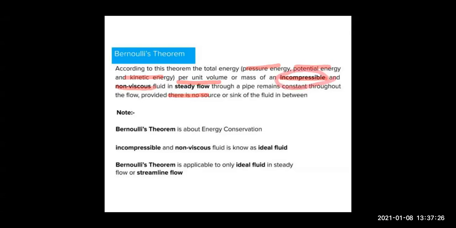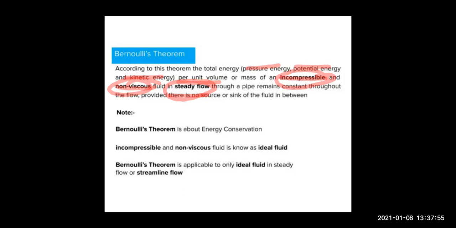So children, these are the conditions. In your exam, they can ask whether Bernoulli's theorem is applicable to compressible liquids, incompressible liquids, right? So you have to be very particular with the conditions: incompressible and non-viscous fluids. We have not done viscosity yet, so you can understand it in terms of friction in the fluid, that is your viscosity, right? So what is he saying?